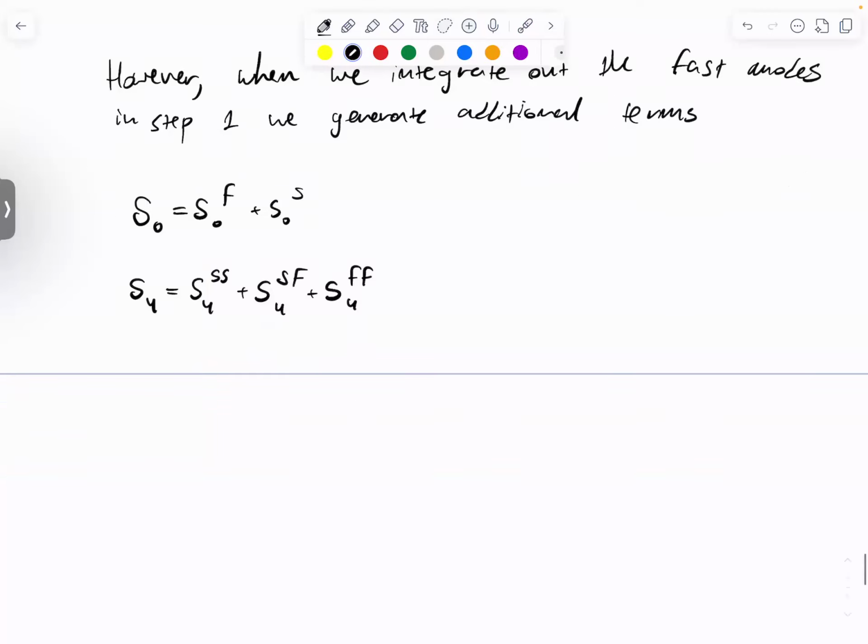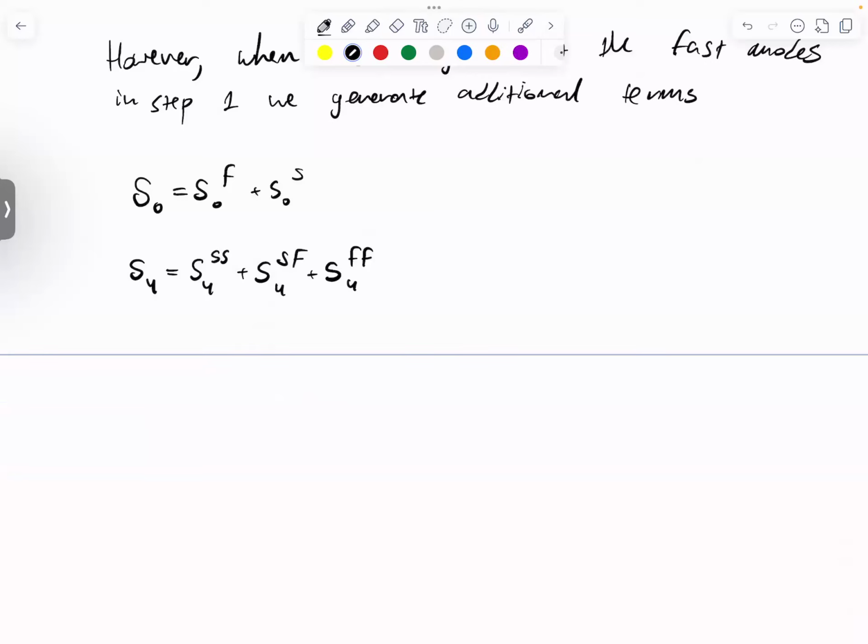So imagine that we want to compute, for example, the partition function, but only integrate over the fast modes. So we want to compute something like the integral d phi fast of e to the minus S0 fast minus S4 SF. And then in principle, we also have minus S4 FF.